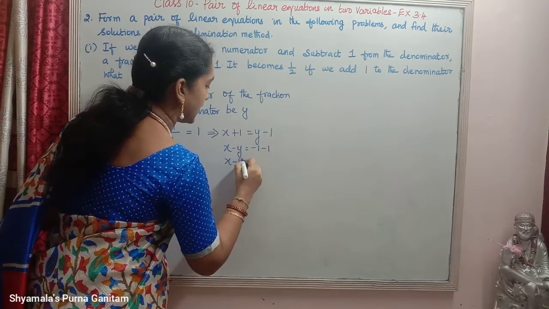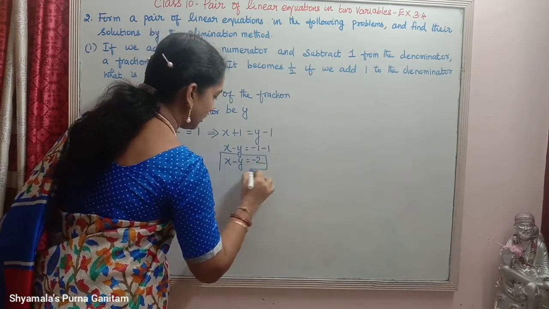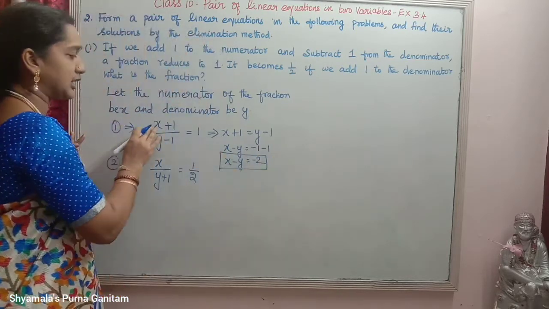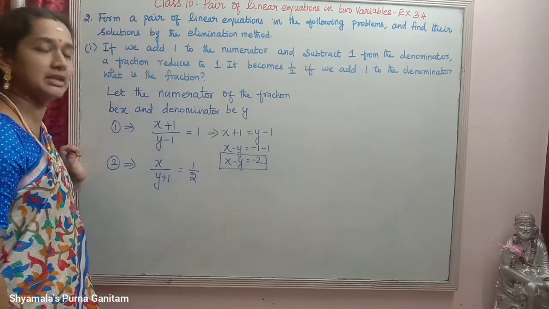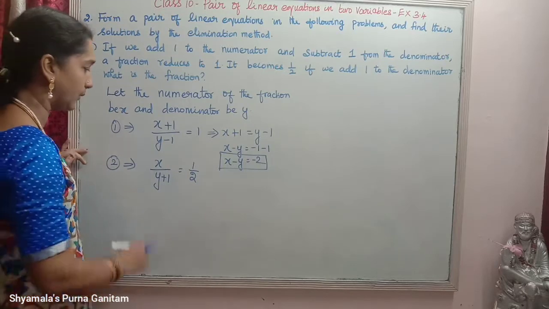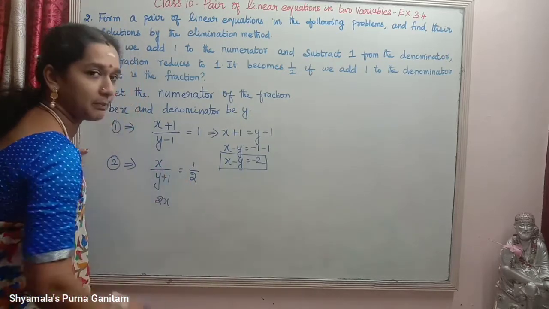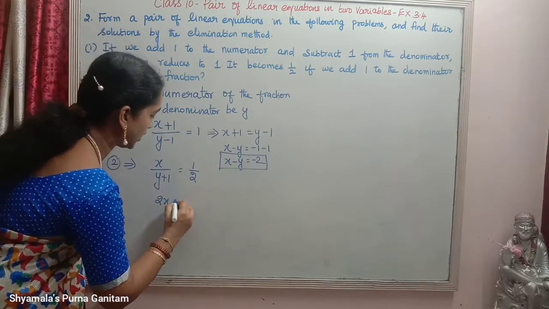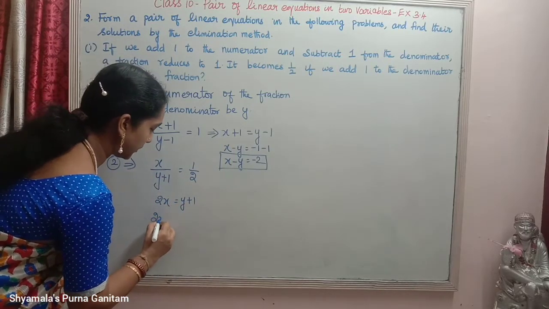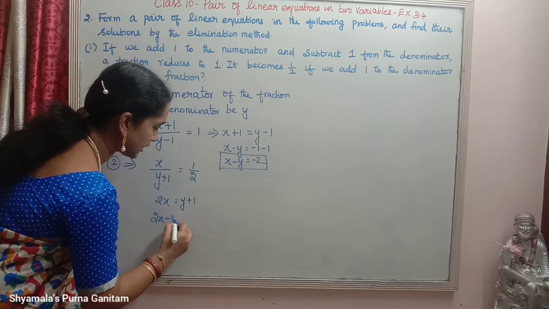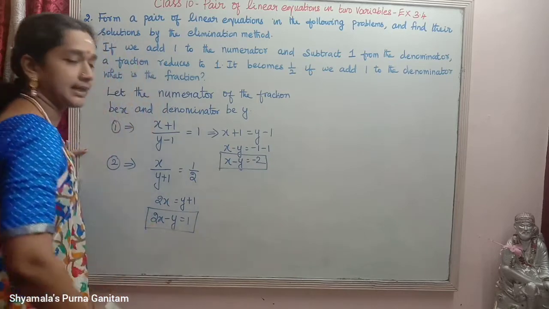So x minus y is equal to minus 2. So this is the first equation. So x plus 1 by y minus 1 is equal to 1 becomes x minus y is equal to minus 2. Then the same way this side also. We will cross multiply this 2 and x, it is 2x is equal to y plus 1. So this equation becomes 2x minus y is equal to 1. So this is the second equation.